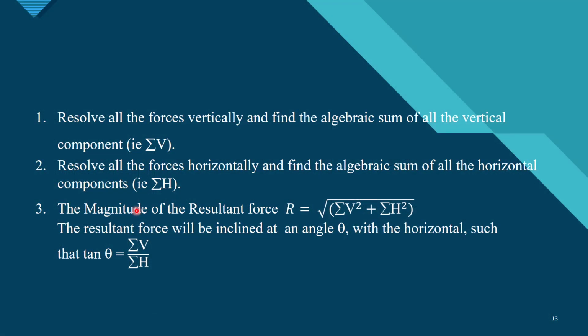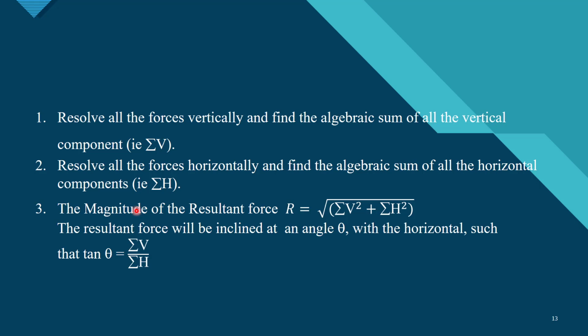Now let's see how to find the resultant of a number of forces acting on a plane with the help of the principle of resolution. First of all, let us assume that there are a number of forces acting at a point.